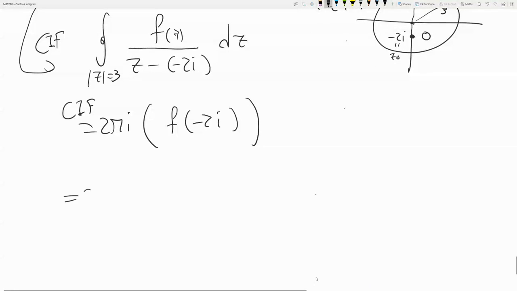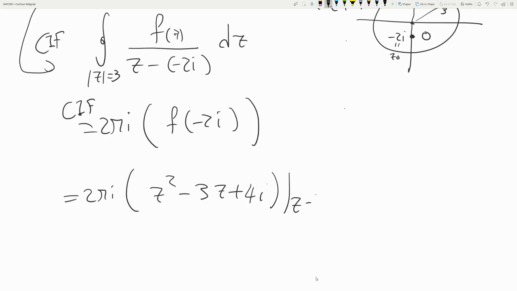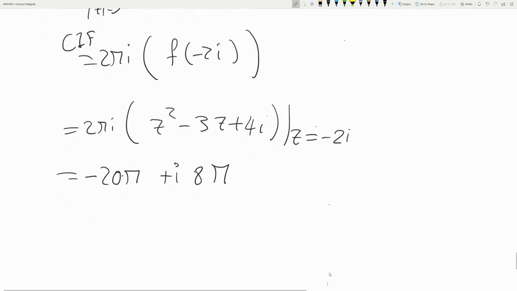Okay, so let's evaluate. So it's z squared minus 3z plus 4i. Yeah, so if you do the calculation, you get 20 pi plus i 8 pi. Okay, so that's the answer. That's it.